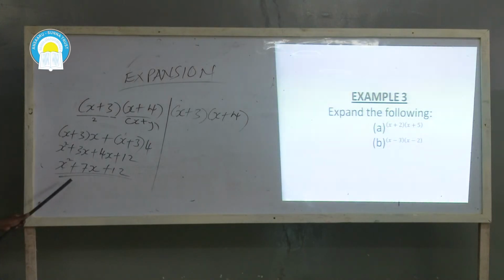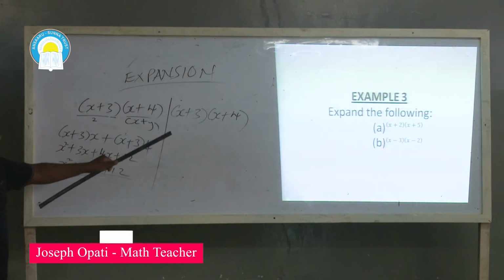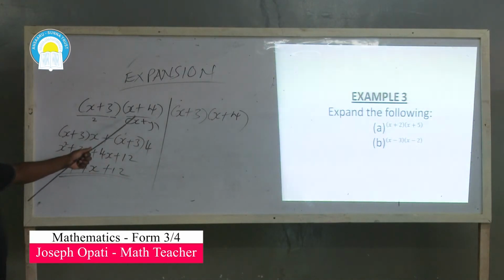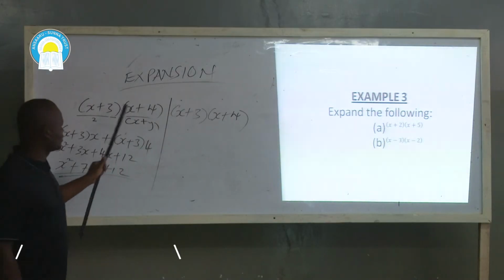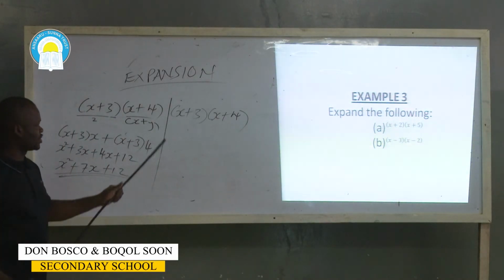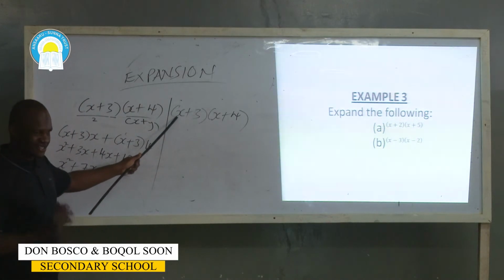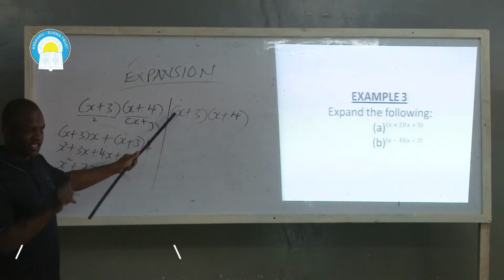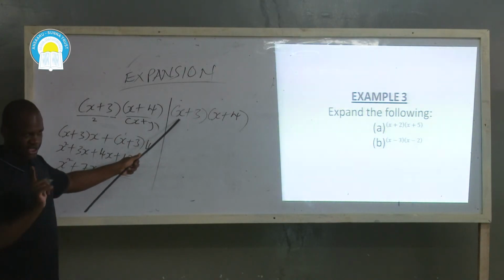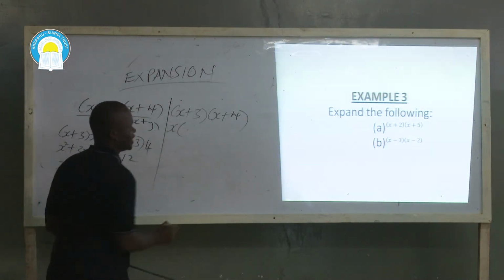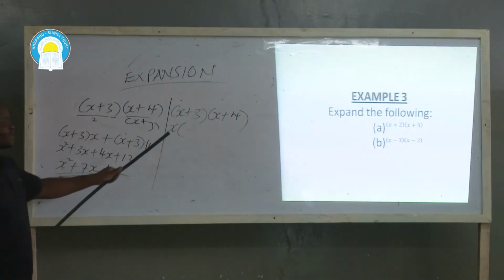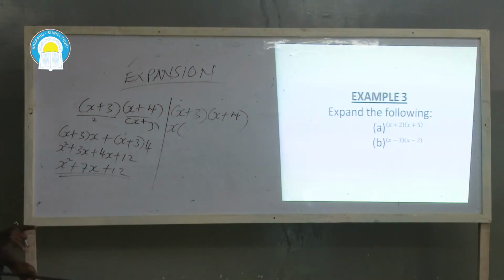This is the easy approach. The first approach was just to connect the previous expansion case with what we have here. But given this question, this is the easy approach. You take the first term of the first bracket, in this case x, times the entire second bracket given by x plus 4.